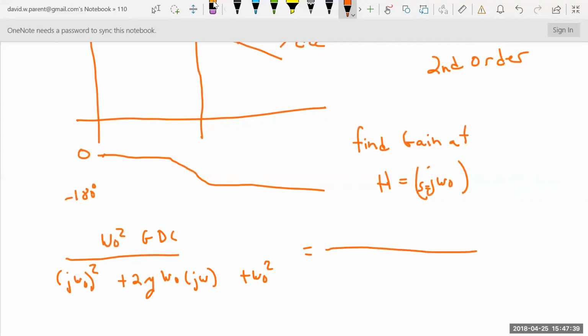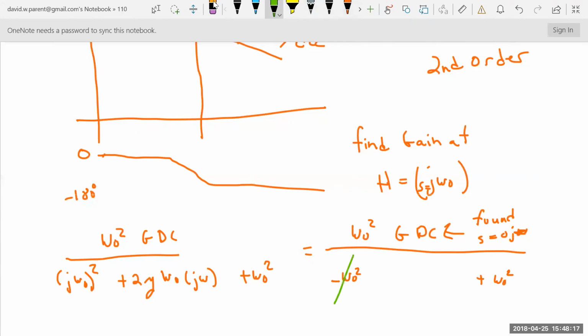Well, what's that equal to? Well, here's the thing. We found the gain DC for s equal to j omega naught. So j omega naught squared is minus omega naught squared. Omega naught squared is omega naught squared. They cancel.